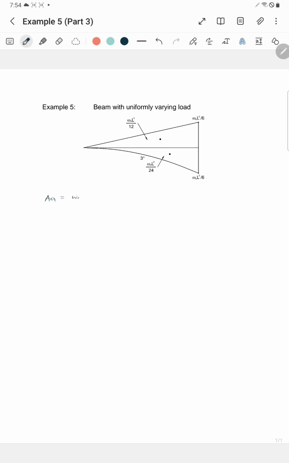So for this triangle, the area is positive, WL cube over 12, and its lever arm from left is 2/3 of L. For the spandrel, the area is negative, WL cube over 24, and its lever arm from left is, so kapag 3rd degree, yung distance galing sa kanan is 1/5 of L. So yung kabila naman is 4/5 of L. So the lever arm from left is 4/5 of L. Then simplifying, WO L raised to 4 over 45.